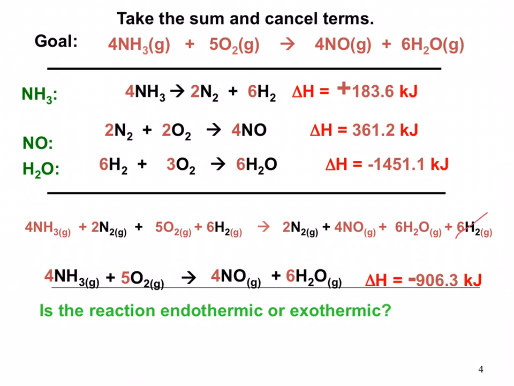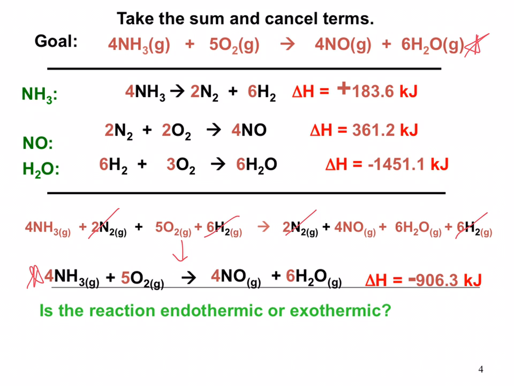Okay, so I have 6 moles of gaseous hydrogen gas on both the reactants and product side. Okay, I have 2 moles of nitrogen gas on both the reactants and product side, and that leaves us with the equation below. Okay, and this equation matches the overall equation that they are wanting us to solve for.